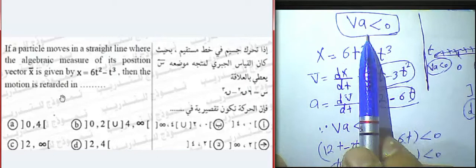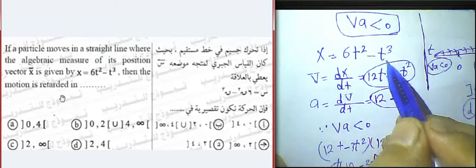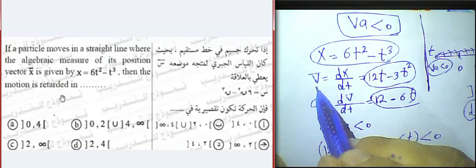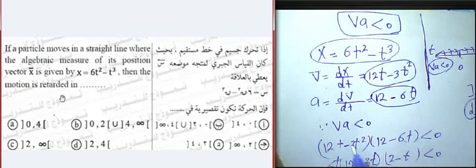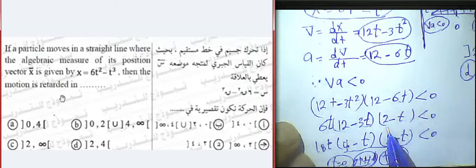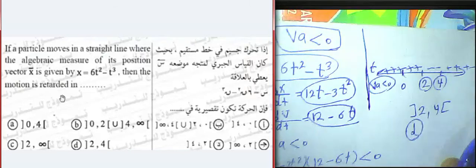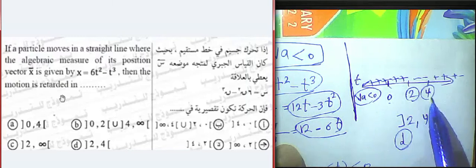I will solve it again. We know v multiplied by a is less than 0 because the motion is retarded. Then we have x, and we can find velocity and acceleration, and the multiplication of velocity and acceleration is less than 0. Solve this equation: t equals 0, or 2, or 4.